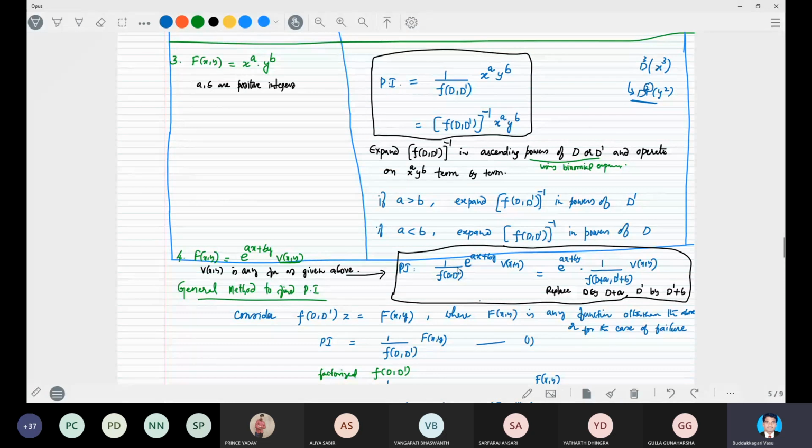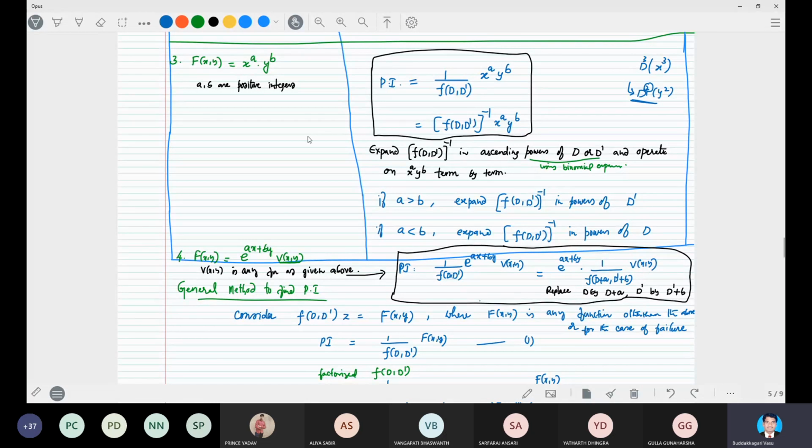So for finding the particular integral of 1 by f D D dash on e power ax plus by into v of x comma y, you take e power ax plus by out of the operator, keep it on the left, and D is replaced by D plus a and D dash by D dash plus b, on v of x comma y.